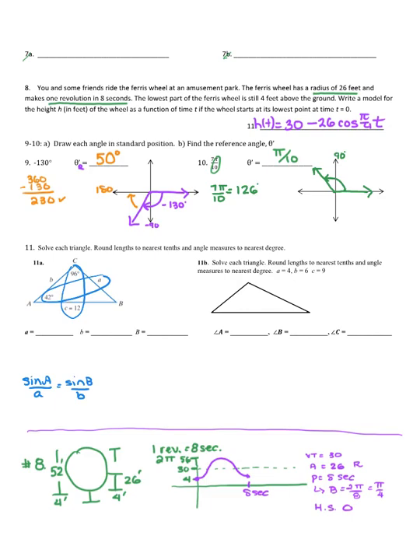Since I'm looking for an unknown side, I like to put my unknown on top. I'm actually going to do this as the reciprocal. So I'm going to write this as A is to sine 42 as C is to the sine of 96.